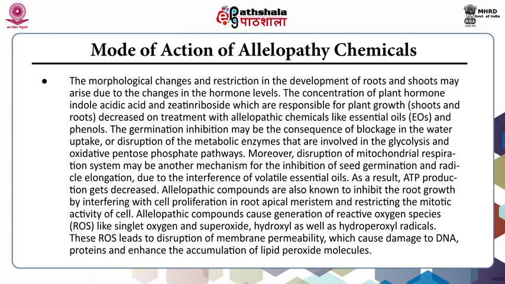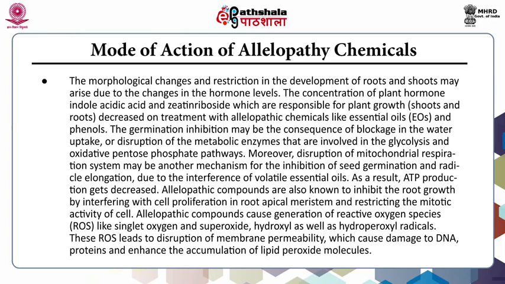Allelopathic compounds are also known to inhibit root growth by interfering with cell proliferation in the apical meristem cells of the roots, thereby restricting the mitotic activity of the cell. Now, what do the allelopathic compounds do? They cause generation of reactive oxygen species like singlet oxygen, superoxide ions, hydroxyl, as well as hydroperoxyl radicals.